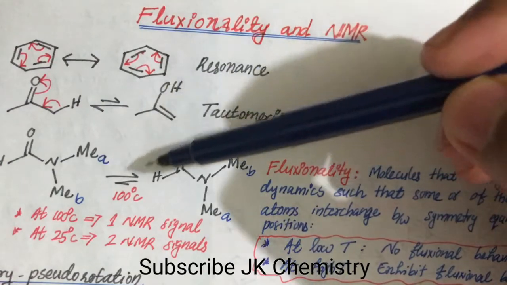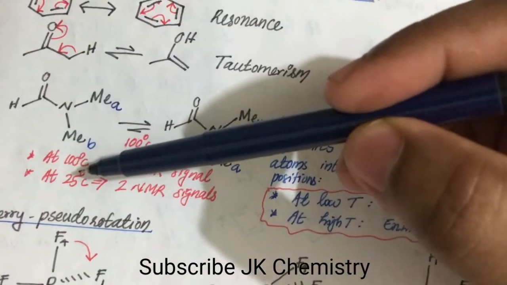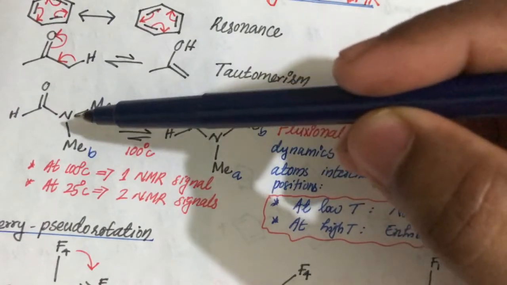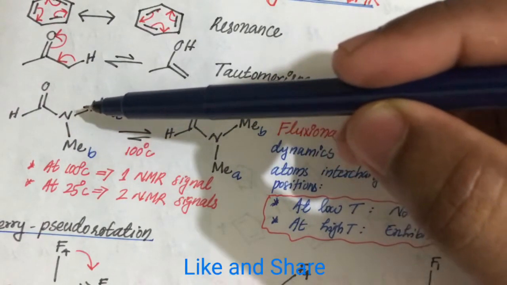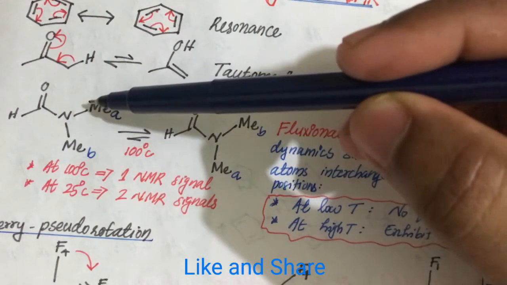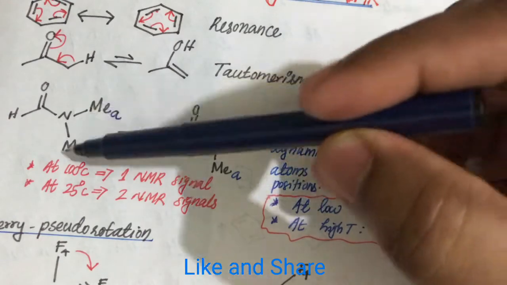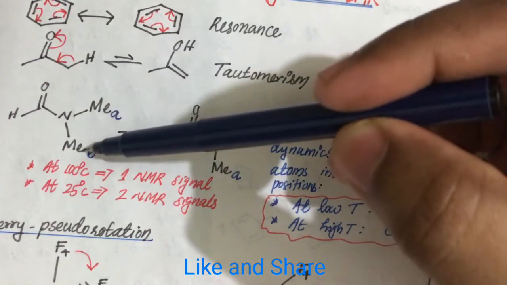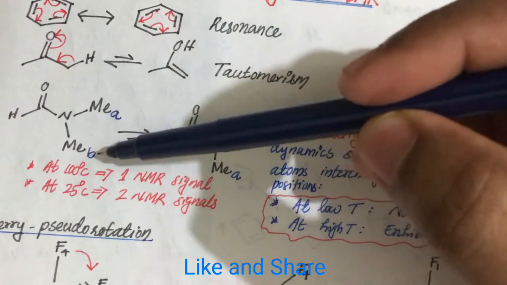Now we can see the next example. This is N,N-dimethylformamide, that is DMF. Here we can see two methyl groups on nitrogen. They are designated as MeA and MeB.